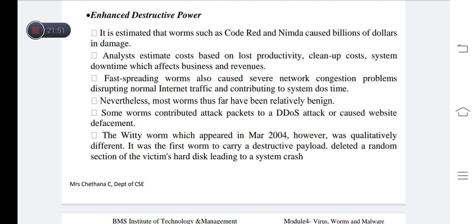These are the parameters which affect business and revenues, right? And also fast spreading worms cause severe network congestion problems, disrupting normal internet traffic and contributing to system downtime.